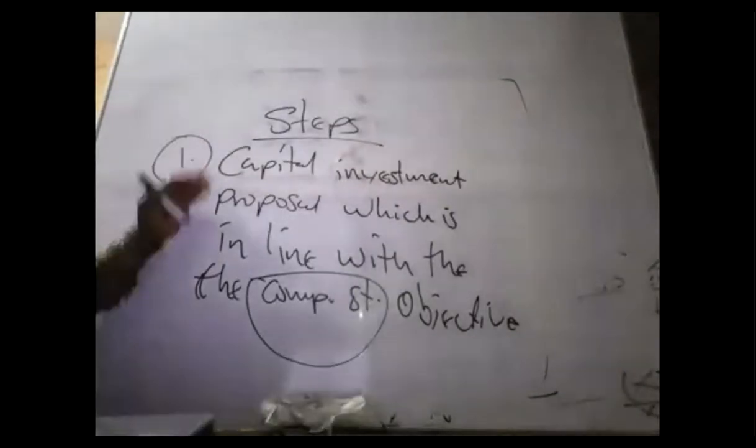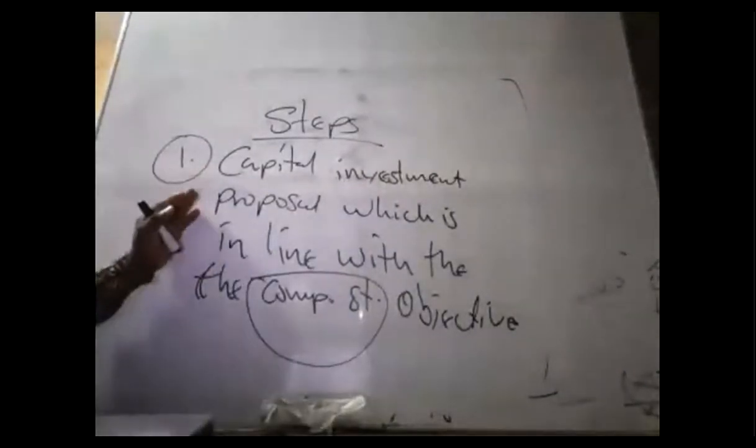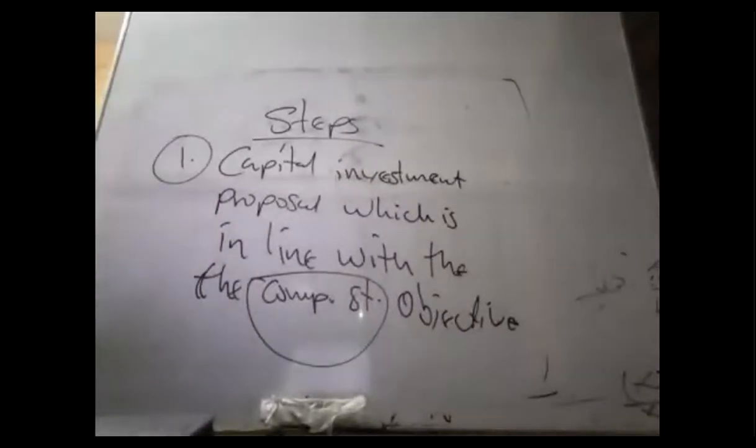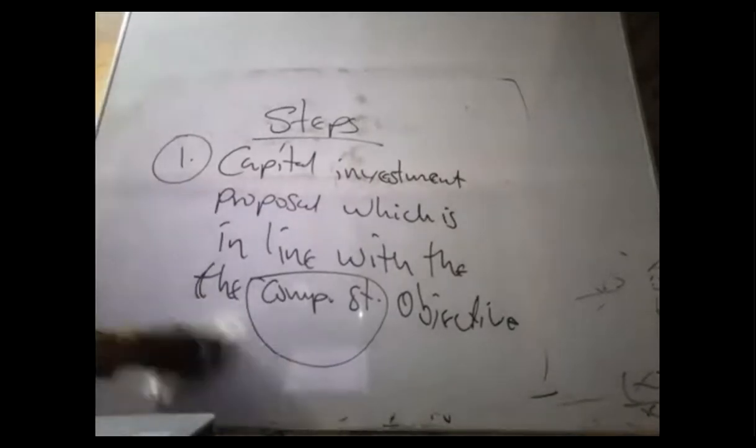After the proposal has been accepted by those charged with governance or the authority, what is the next step? Then step 2, you now forecast the relevant cash flows relating to the project.